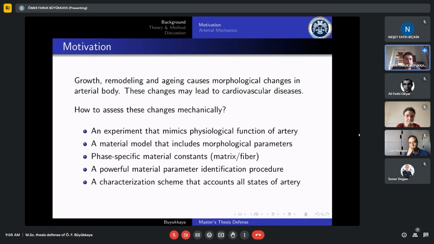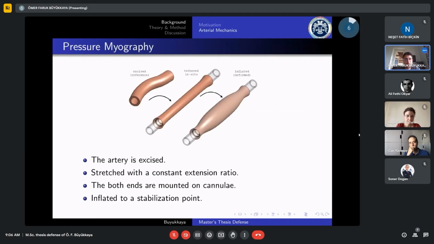And in order to properly model the material, we need a material model that includes morphological parameters along with the phase-specific material constants. And in order to obtain these constants properly, we need a powerful material parameter identification procedure. This procedure should also account for all states of the artery.